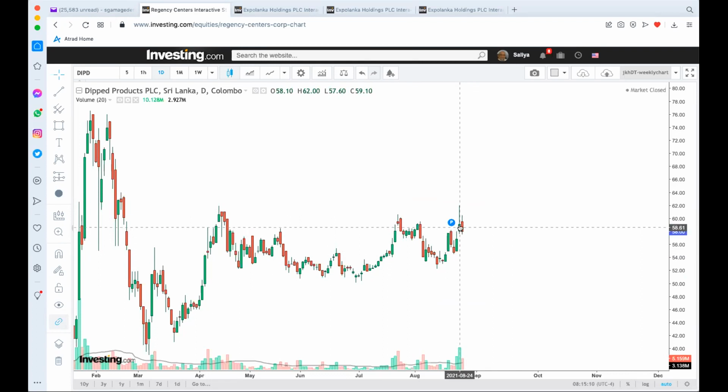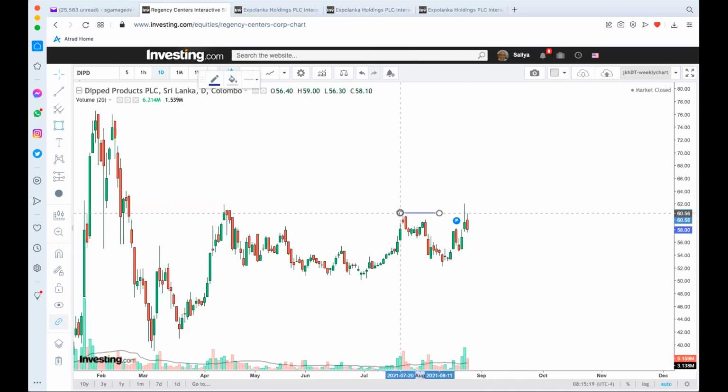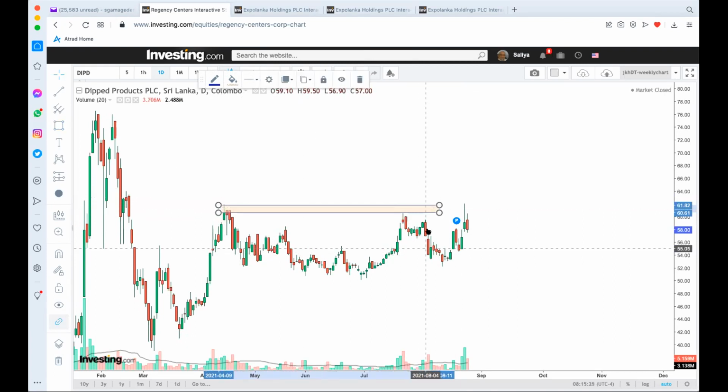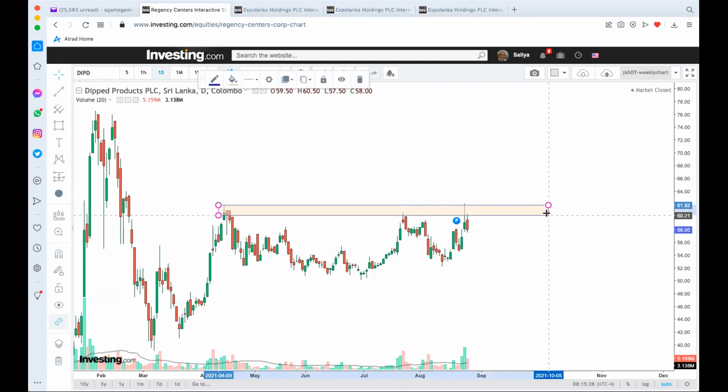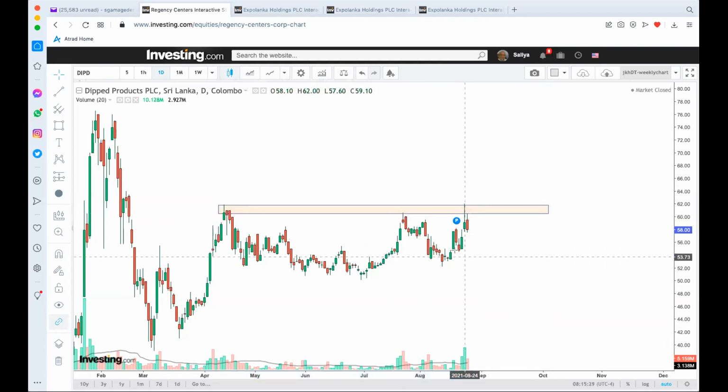That is known as a resistance. This area is the resistance. If you stretch it, you can see that is the area the prices went and tested. So basically it went up to 62 rupees.